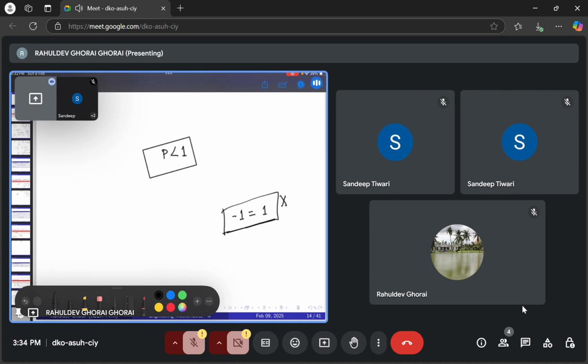What they do is 1 will be equal to 1 times 1, and then the square root of minus 1 times minus 1, all these things they do, and then you can write again this is equal to minus 1, that type of thing.